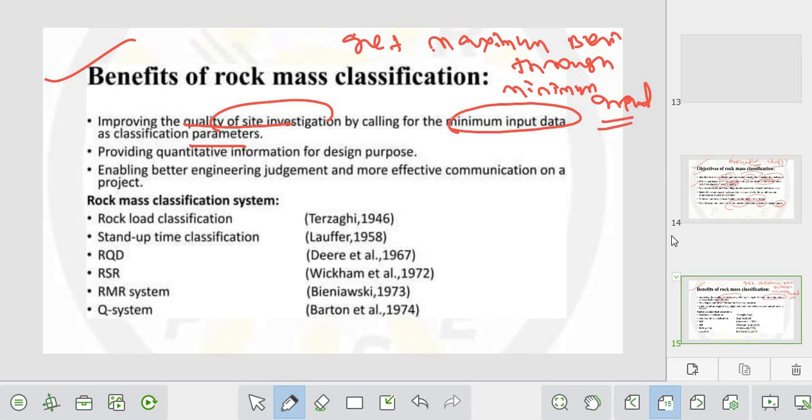So this is the main purpose of rock mass classification, providing quantitative information for design purposes.